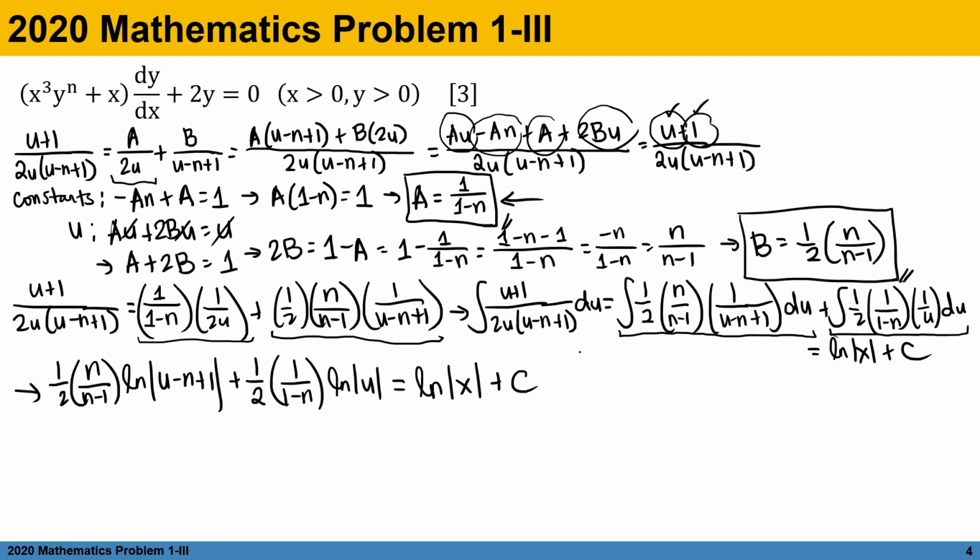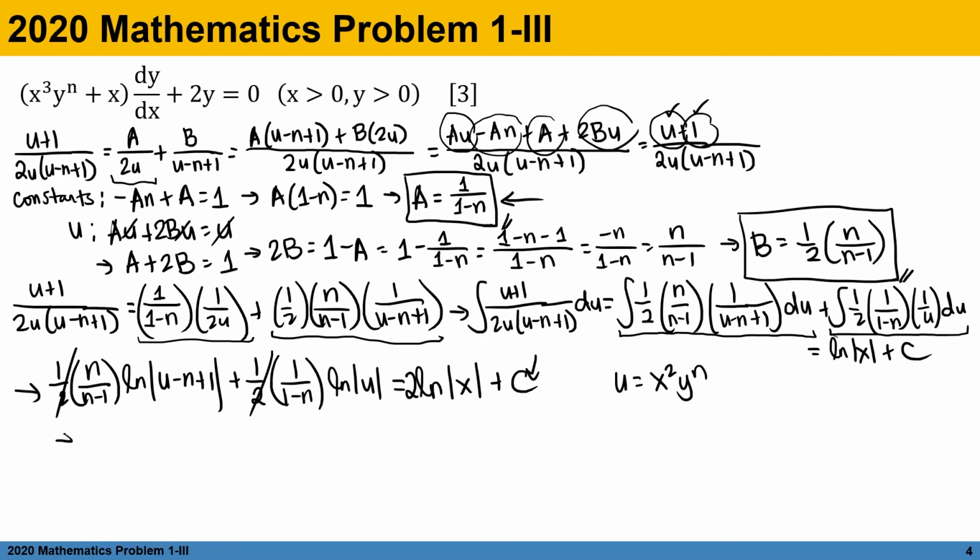We can further clean this equation. We multiply 2 to all the terms. So we can cancel 1/2, multiply by 2, and then the 2 will be absorbed in this constant. And then we put the original expression for u. Recall that we have used u equals x squared y to the n.